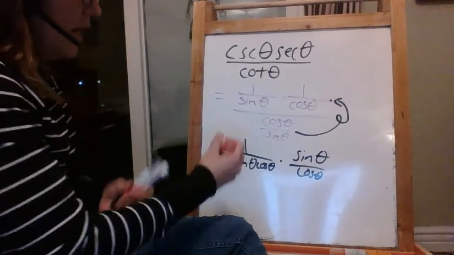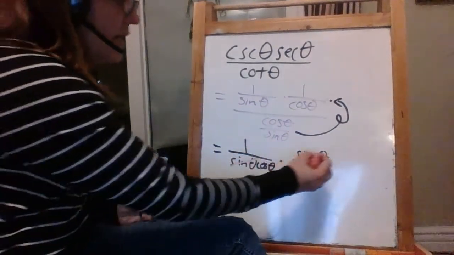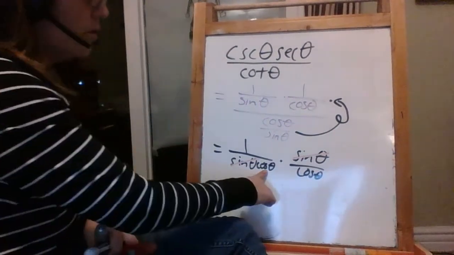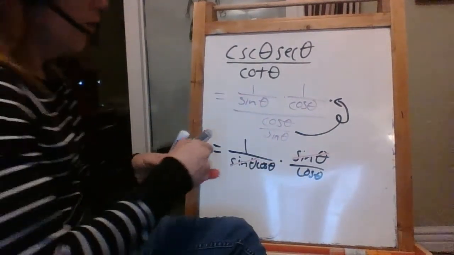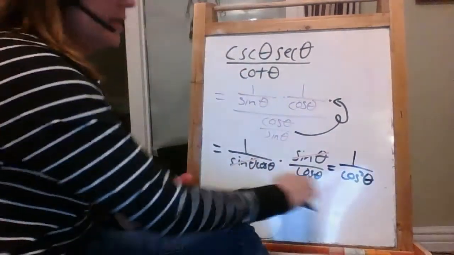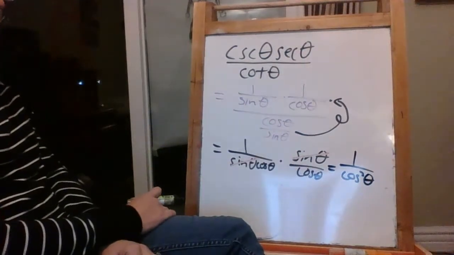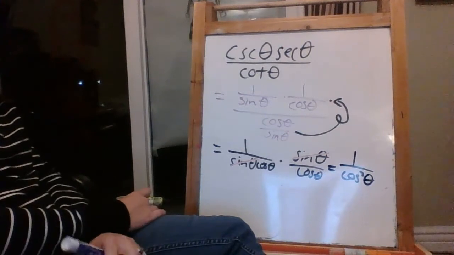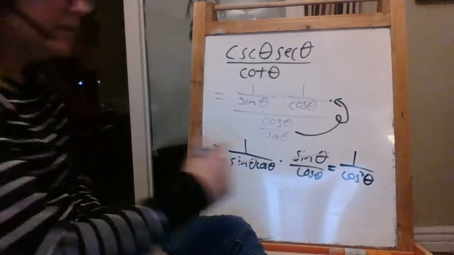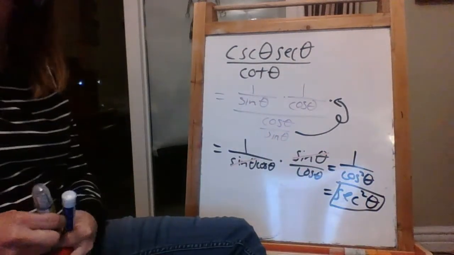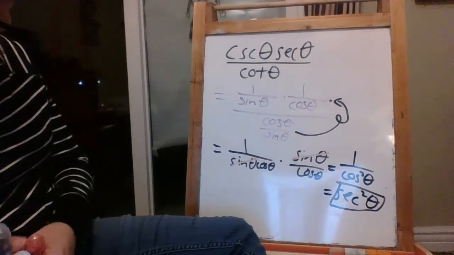So in this situation, my sine thetas cancel, but my cosine thetas cannot cancel because they're both in the denominator. So I end up with 1 over cosine squared theta, because cosine times cosine is cosine squared. And because 1 over cosine is secant, this can be written as secant squared theta. So my final answer here is secant squared theta, which is a power of a function.